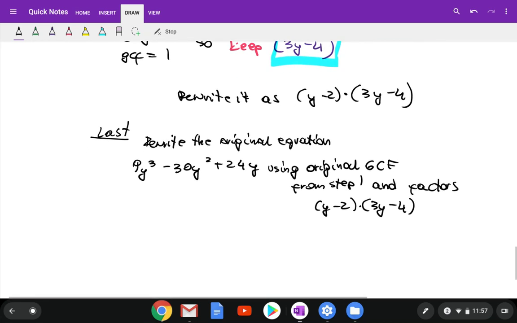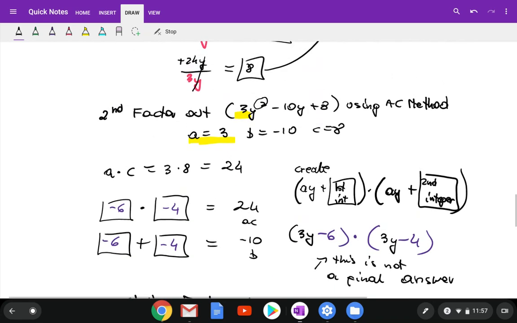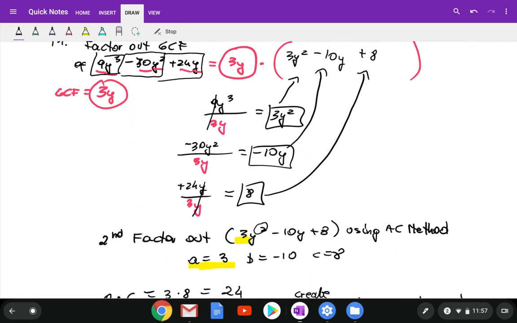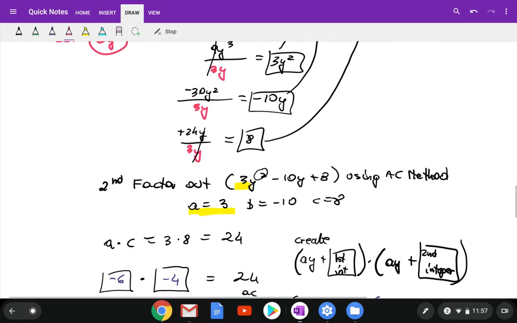Okay, so let's just rewrite that. So right here we have 9y to the third power minus 30y squared plus 24y. Let's go back to step 1. The original GCF was 3y, so we need to keep that 3y.